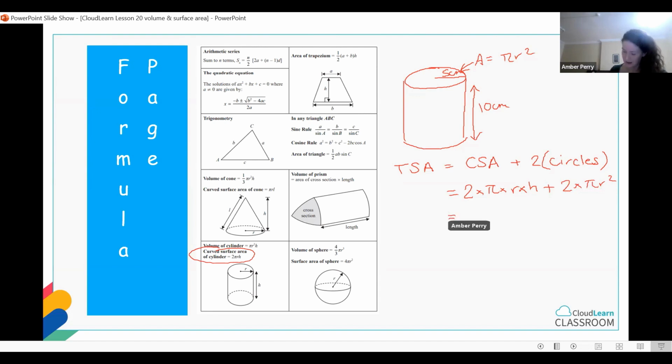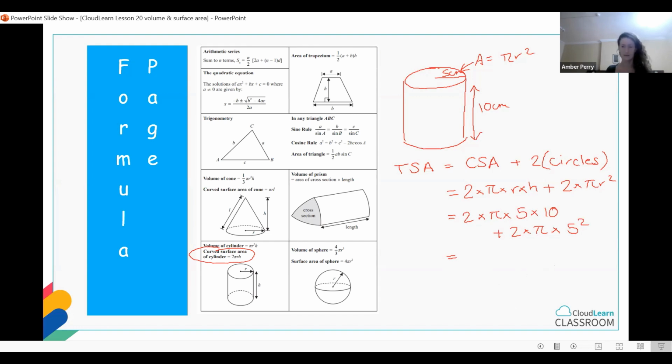Substituting all the information we have in then. So it's 2 times pi, sorry, that's very messy. Let's do that again. 2 times pi times the radius, that's 5, times the height, that's 10, plus 2 times pi times the radius, that's 5 squared. And then you can just get your calculator and find the answer. So it's just remembering that formula, or even just being able to picture the net of the cylinder.